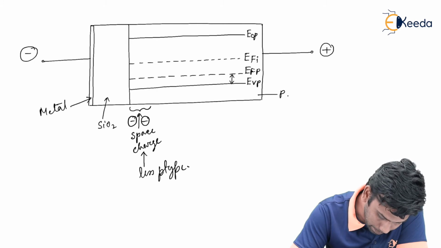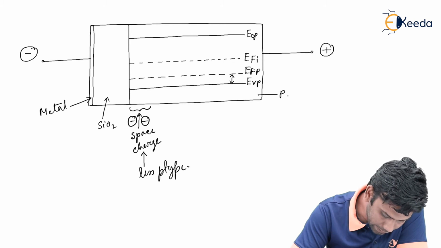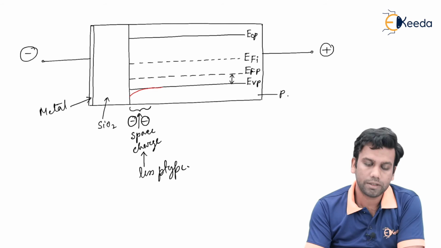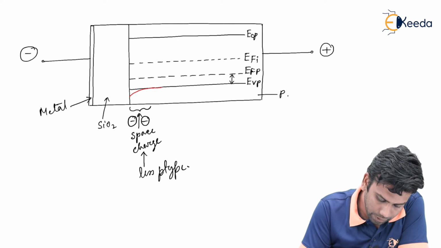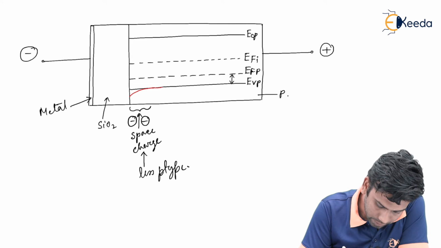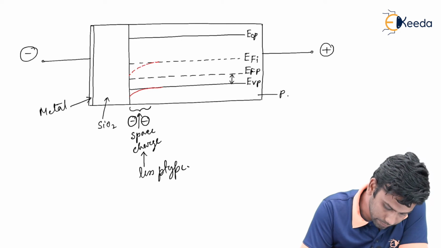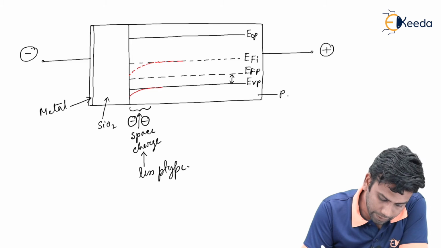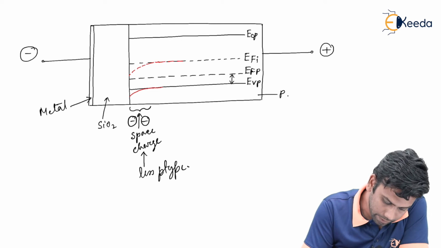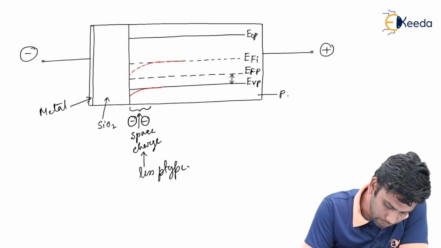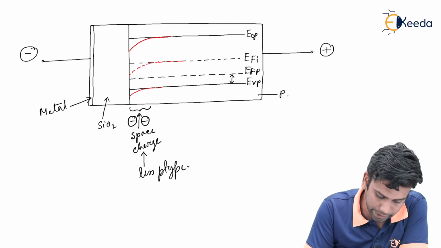There will be a bending of the valence band away from the Fermi level in this way. Similarly, the Fermi level of the intrinsic semiconductor will also bend according to the valence band, and the conduction band will also bend according to the valence band.